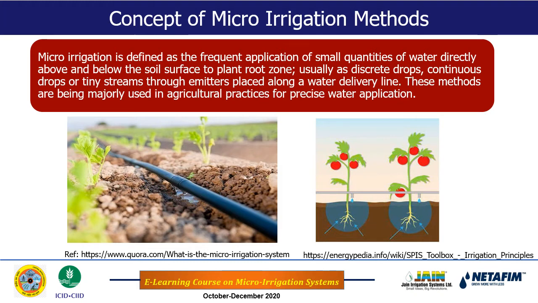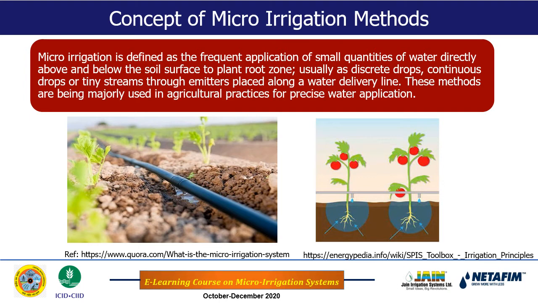We cannot apply a small quantity of water with surface irrigation, because water has to move over the land surface, and for that we have to apply a minimum of 5 to 6 centimeters of water at one time.